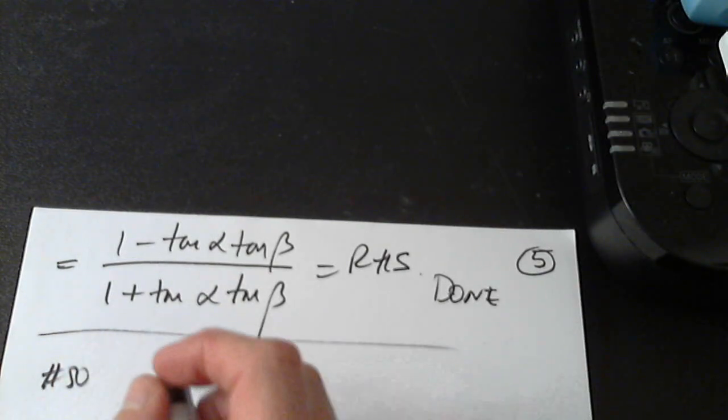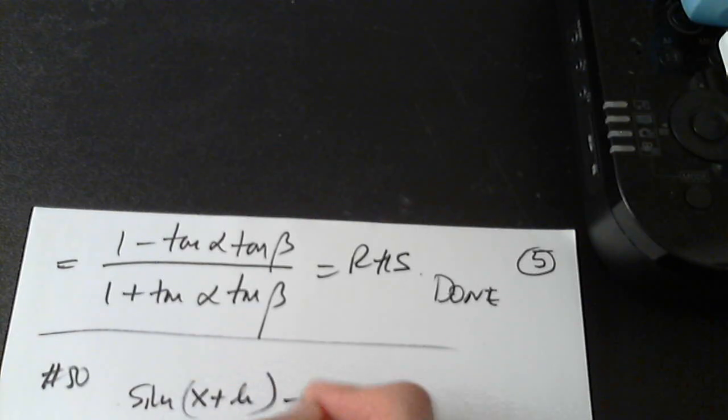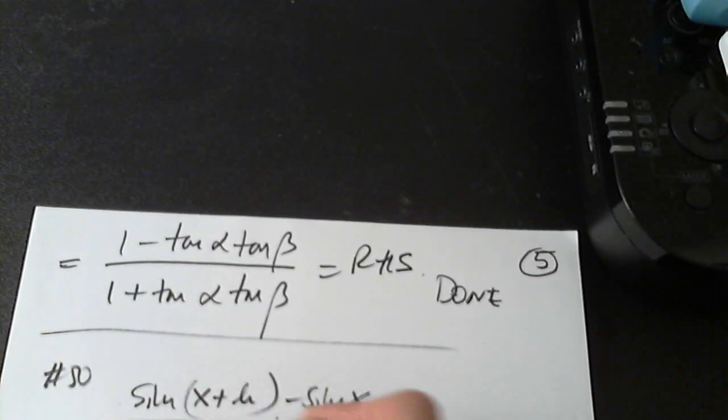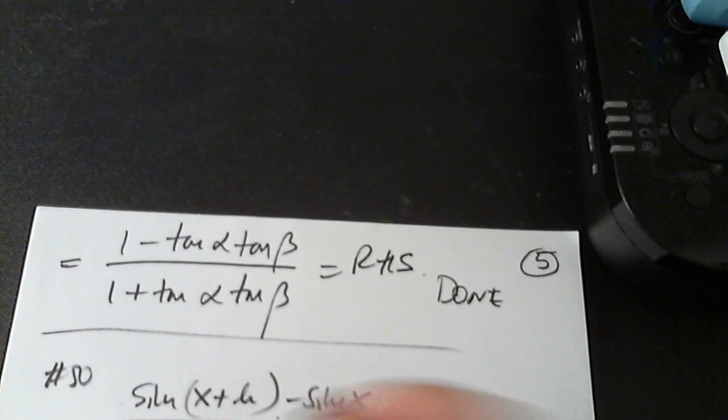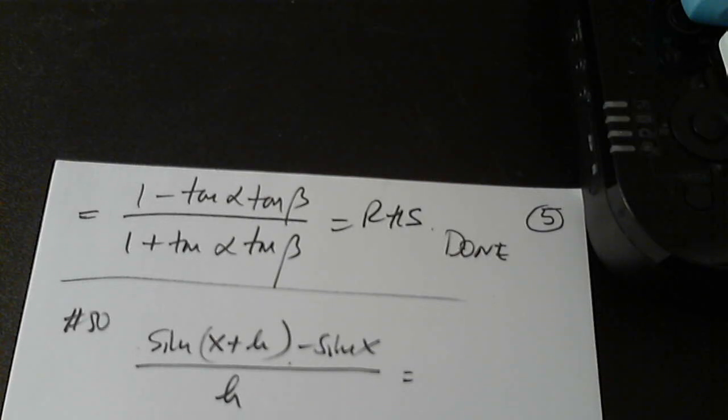So 50 has sine x plus h minus sine x divided by h. Does this remind you of anything? Have you ever seen something like this a long time ago for test 1?